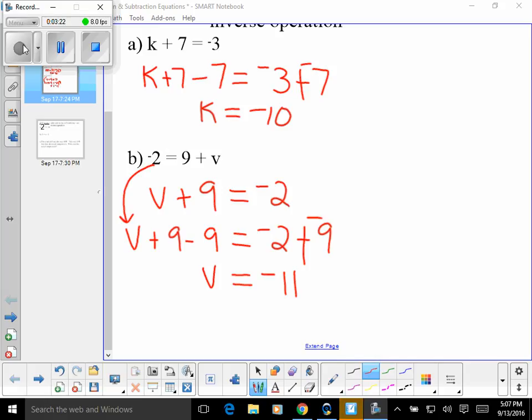We can take this negative 10 in example A and put it back into the equation. You can do this mentally. Negative 10 plus 7 equals negative 3. And yes, that's what our equation is supposed to equal. So we can ask ourselves, if I take negative 11 plus 9, am I going to get that negative 2? Yes, I do. So therefore, I have a higher likelihood of having my equation solved correctly.